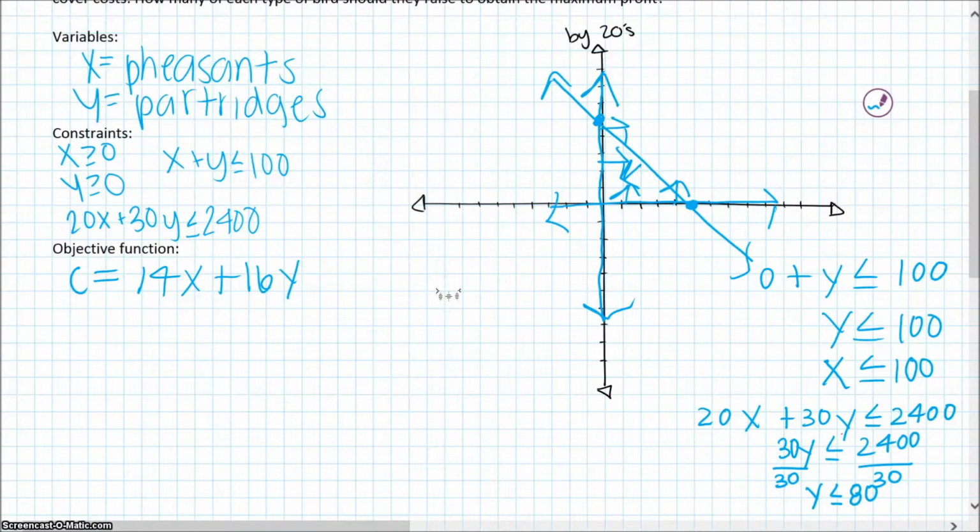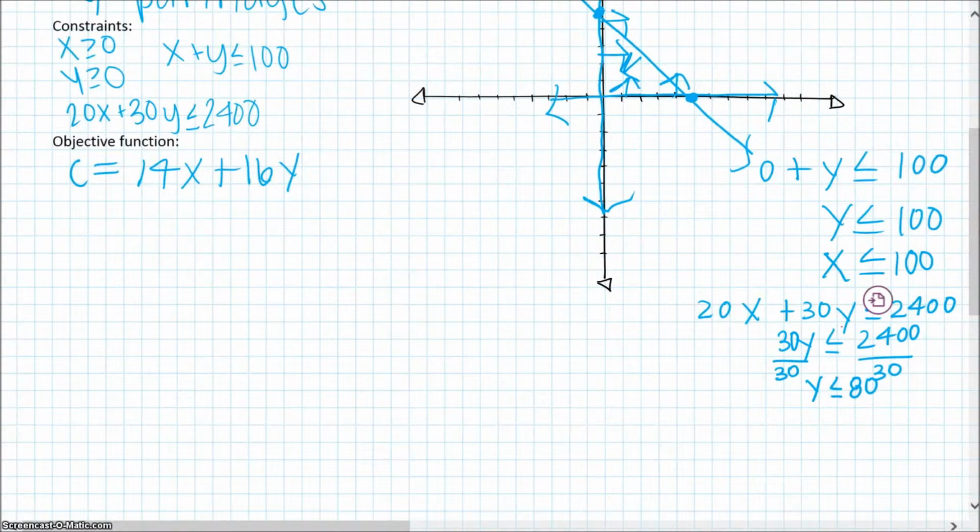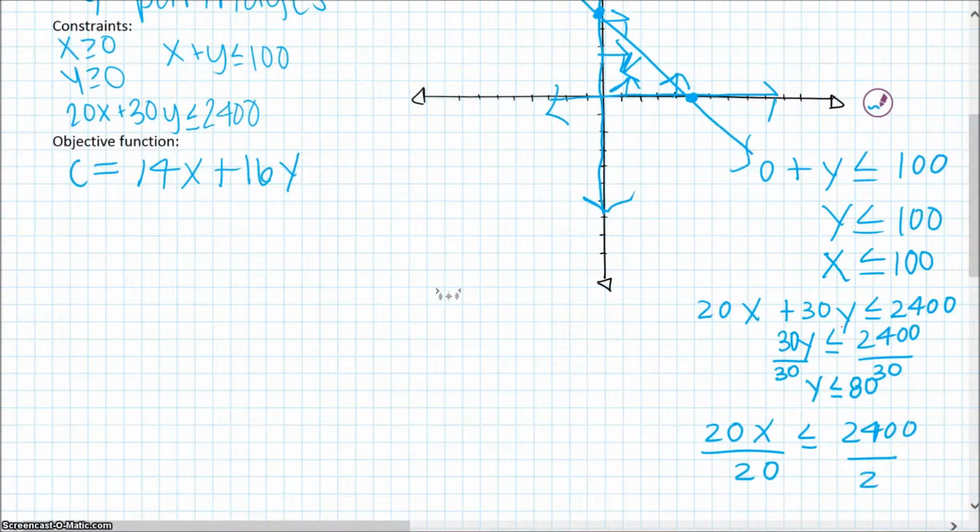And if we do the same thing to find the x, we would get 20x is less than or equal to 2,400. If we divide by 20 on each side, we get that x is less than or equal to 120.